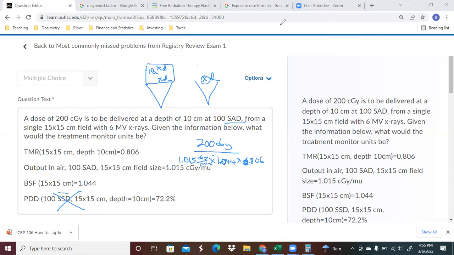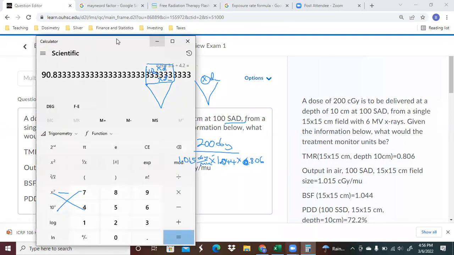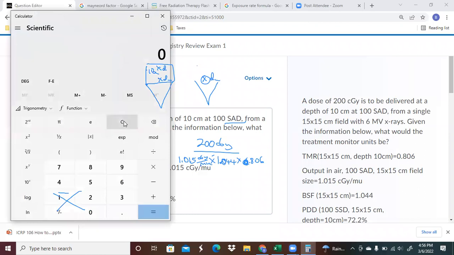So we've got here 1.015. We're going to multiply that by 1.044. And we're going to multiply that by 0.806.